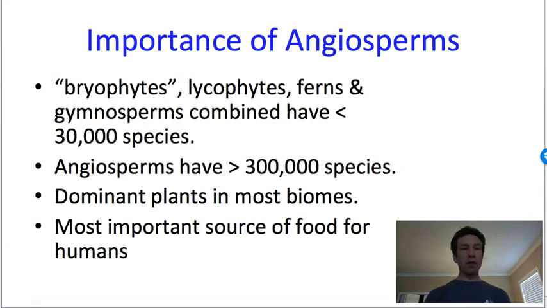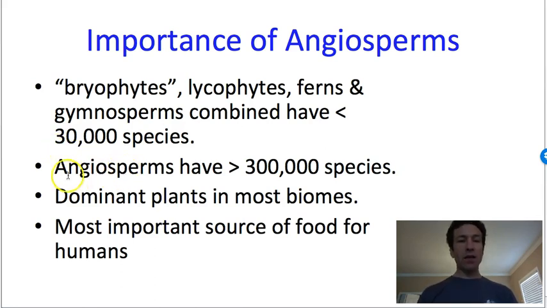Angiosperms are incredibly important both to humans and in an ecological and evolutionary sense. To give you some context about this, the three groups of bryophytes, the lycophytes, the ferns, and the gymnosperms all together have somewhere around 30,000 species as an estimate.